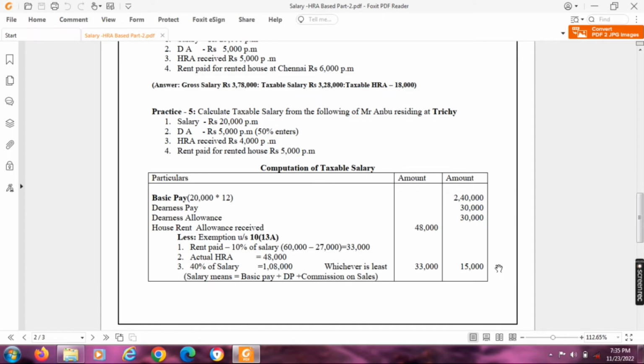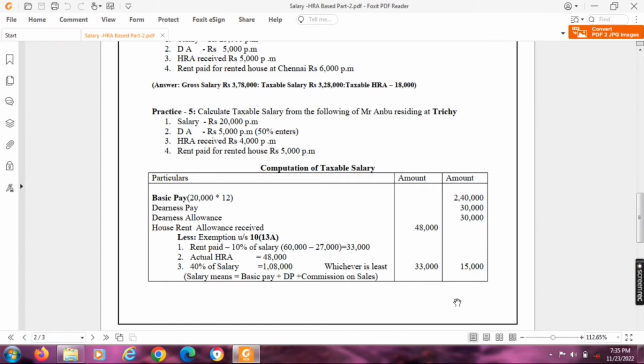Salary means basic plus DP, so 2,70,000. 10% is 27,000, so 60,000 minus 27,000, balance 33,000. Actual HRA 48,000. 40% of salary because the place is Trichy, a non-metro city. Out of these three, whichever is the least, 33,000 is least, and that is exempted from the actual house rent allowance.